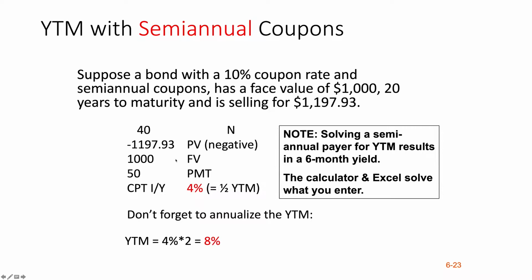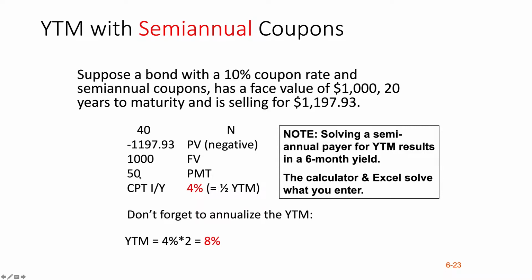Change sign, negative, present value. 1,000 is the future value, the face value. Half of the annual coupon: 10% times 1,000 equals 100, and 100 divided by 2 is the coupon payment. So 50.